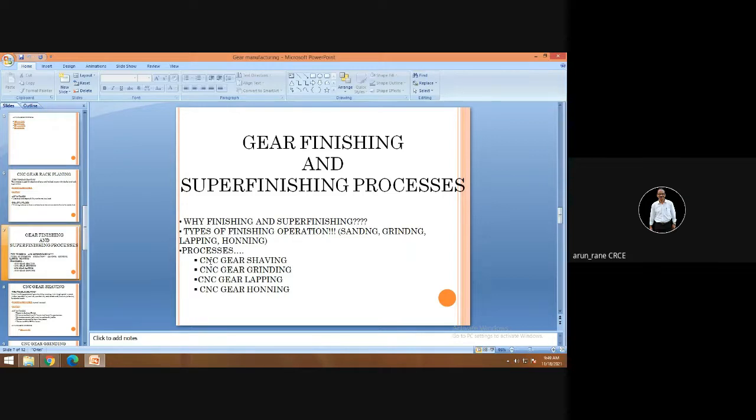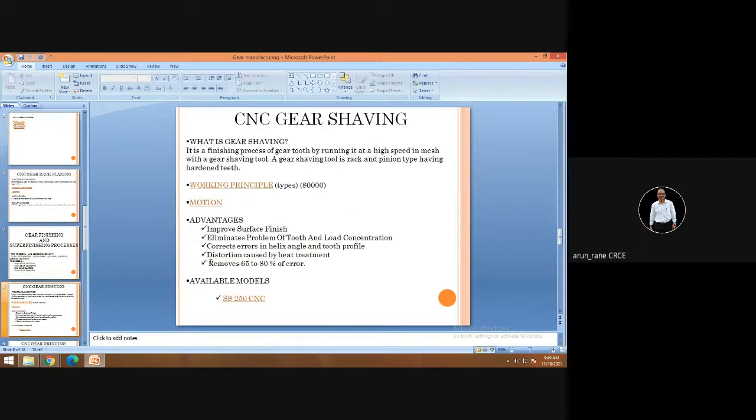Different gear finishing and super finishing processes are gear shaving, that is gear teeth shaving, gear teeth grinding, gear teeth lapping, and gear teeth honing. Gear teeth shaving is the simplest and most economical process because it gives very good surface finish.